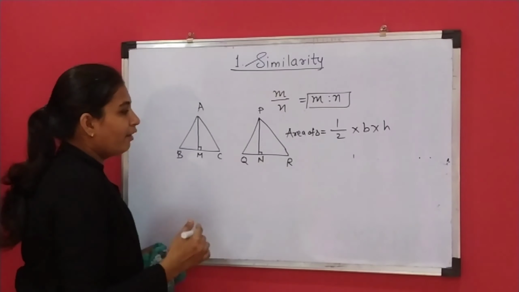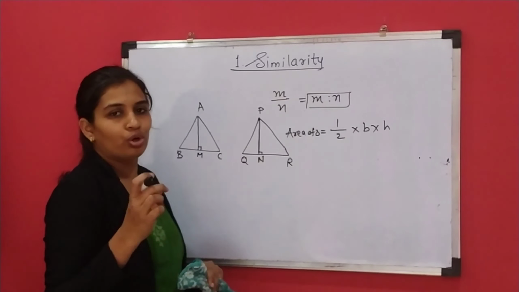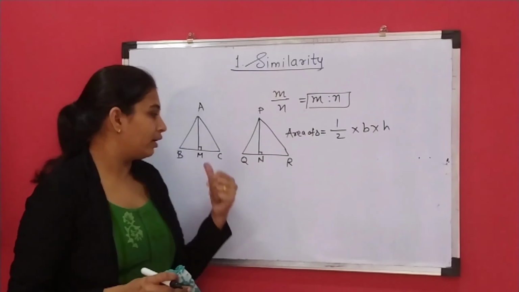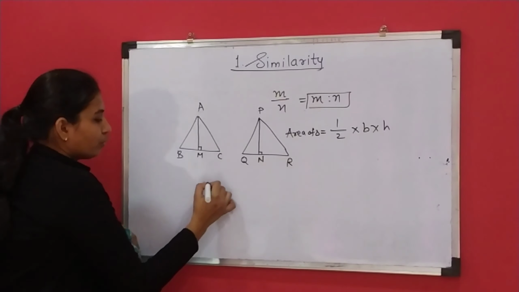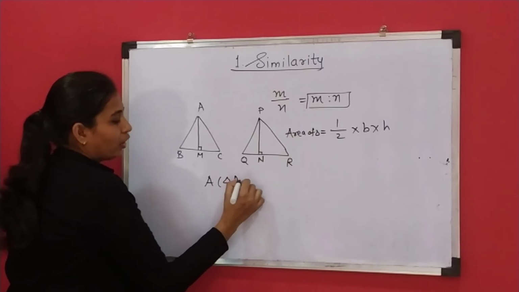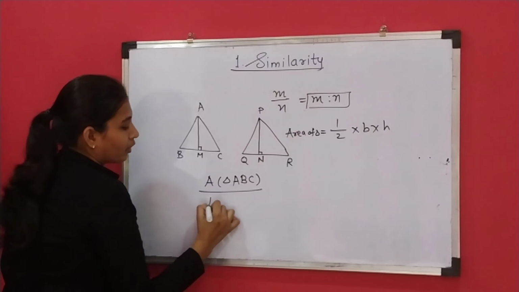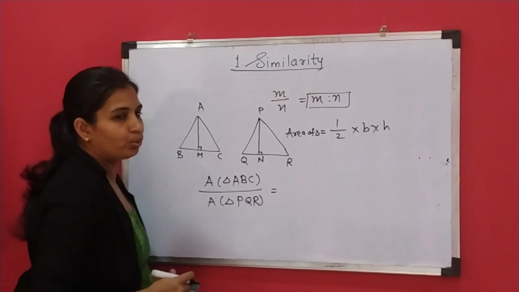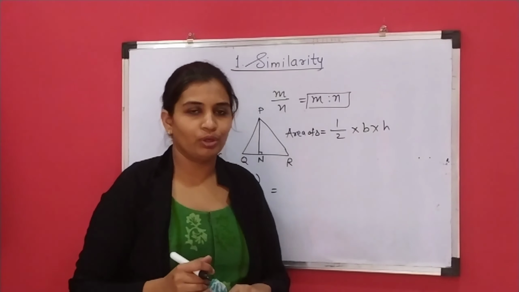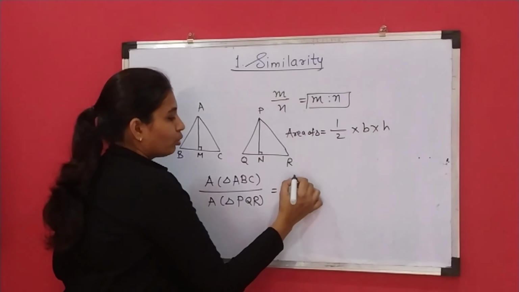But we have to find the ratio of the area of triangle ABC to the area of triangle PQR. So we can write it as area of triangle ABC upon area of triangle PQR, which according to our formula is 1/2 into base into height.